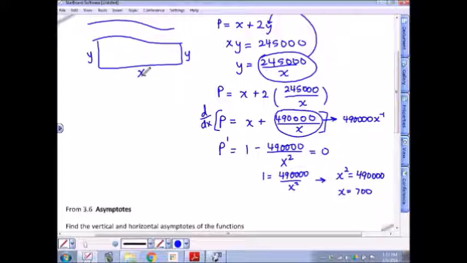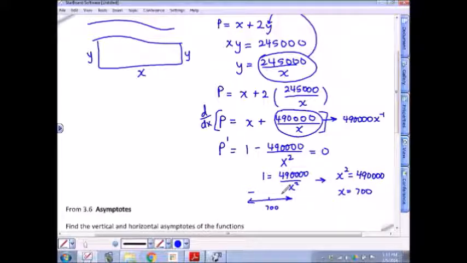And we're supposed to test to make sure this is a minimum value, or we're trying to find minimum dimensions. So what we want to do is just do a quick number line check. Taking something to the left side of 700, I know 0 is way down here, but you can't test 0, so let's test x equals 1. 490,000 divided by 1 is 490,000. 1 minus 490,000, that's a negative value, so we've got negative.